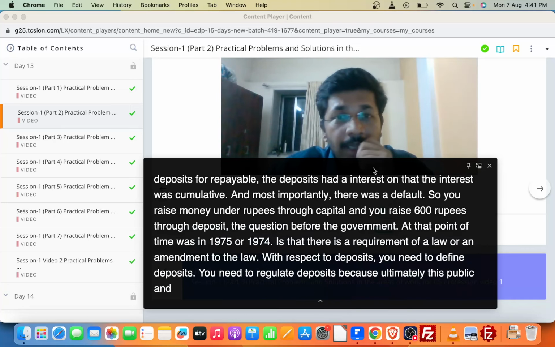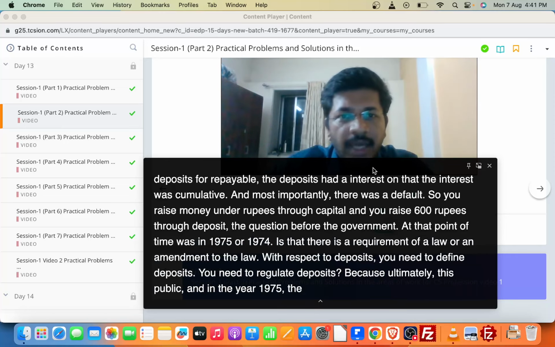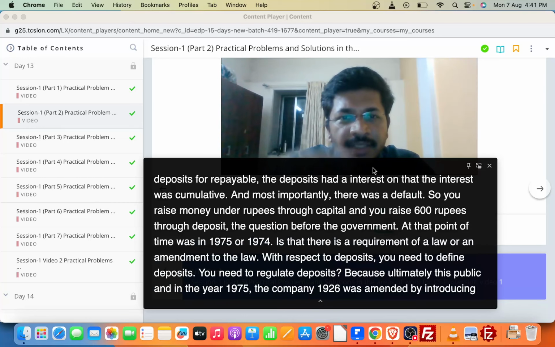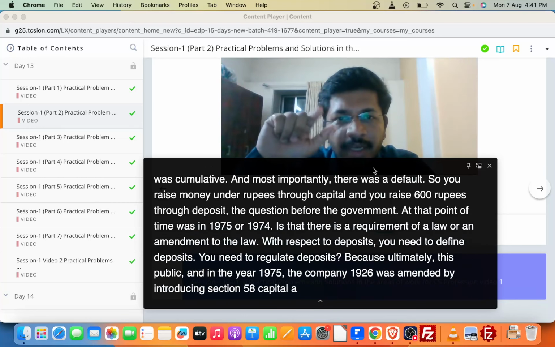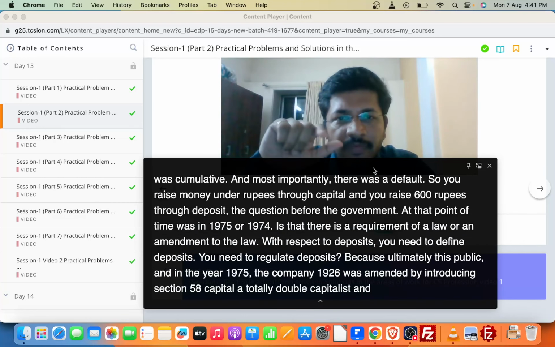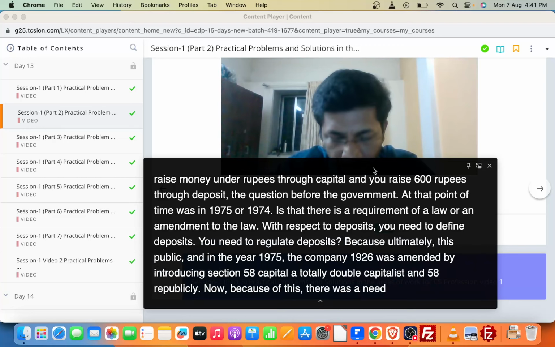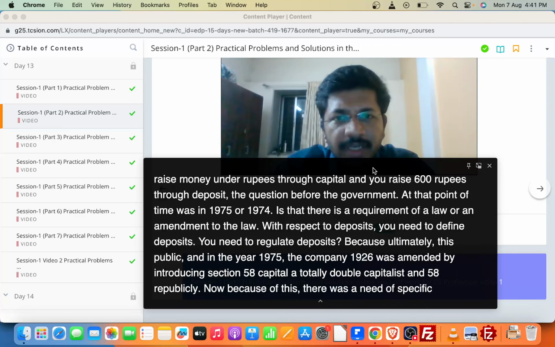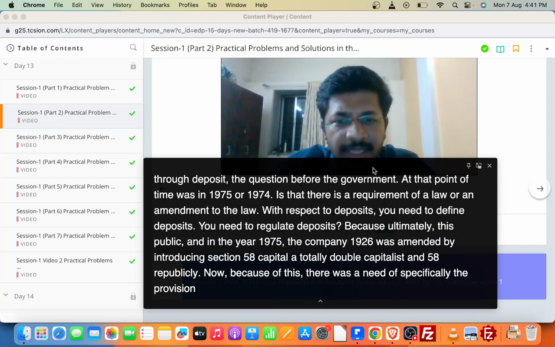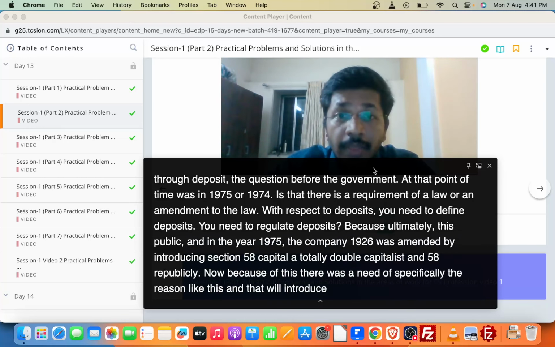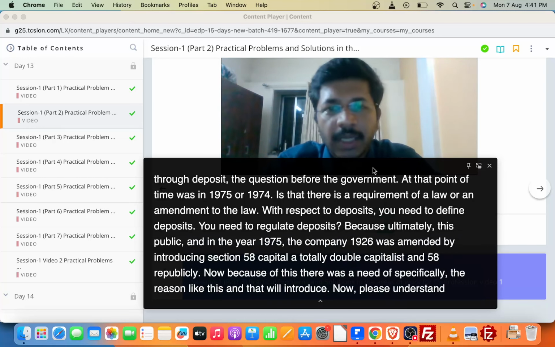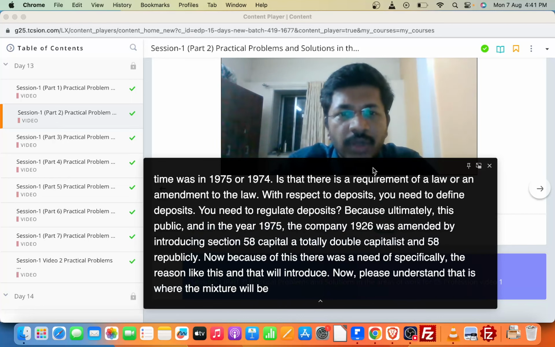And in the year 1975, the Companies Act 1956 was amended by introducing Section 58A, 58AA and 58AAA. Because of this, there was a need for a specific provision like this, and that was introduced. Now please understand, that is where the mischief rule is to be applied.